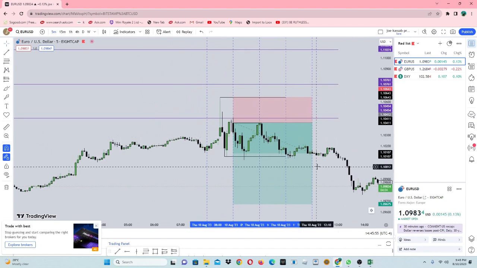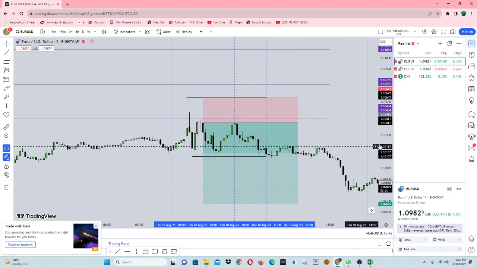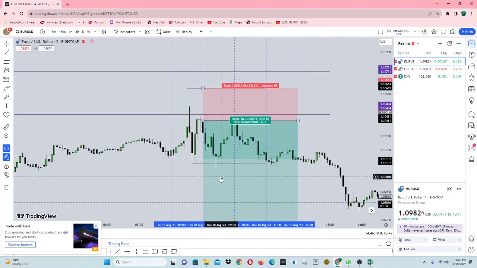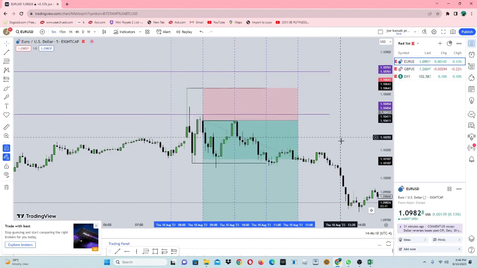There are a lot of people who follow ICT. They wait for a shift in market structure and retracement into a fair value gap. For example, right here we shifted the market structure, we retraced into a fair value gap, so this would have been their entry and this would have been their stop loss.